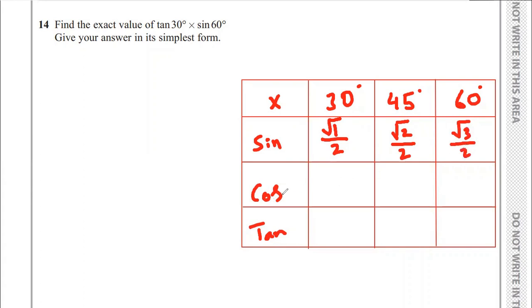And when it comes to cos, it varies in reverse: whatever sine 60 is will be cos 30. So cos 30 would be root 3 over 2, and cos 45 will be exactly the same as sine 45, and this will be root 1 over 2, which is basically a half.